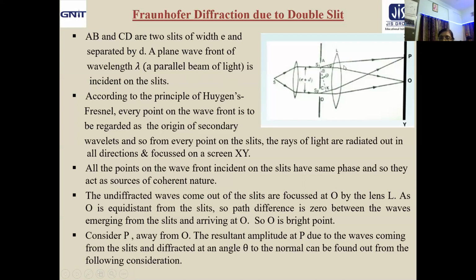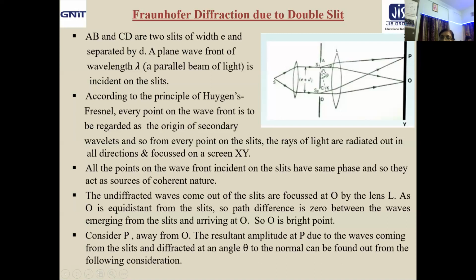Because according to the construction, it is very clear that paths S1P and S2P are not the same. Path S2P is a little more than path S1P. That means there must be a path difference, just like the case of single slit diffraction.